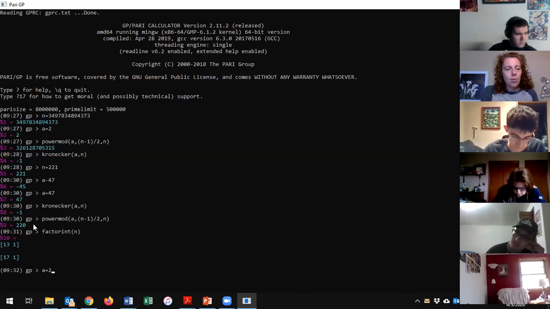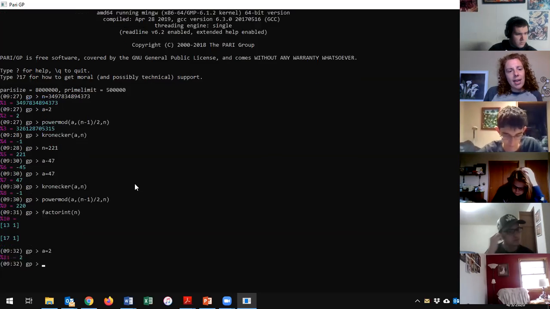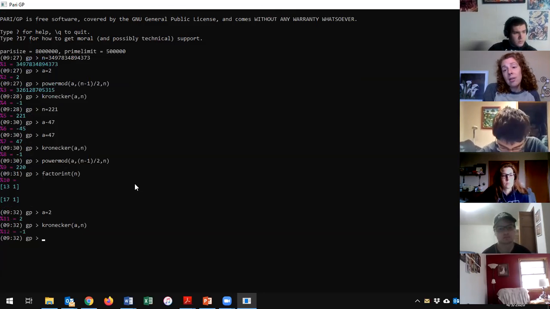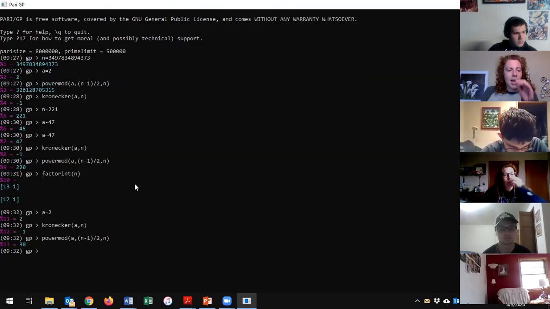Let's try a equals 2 and see if I can get a correct value that tells me composite. The Jacobi symbol of a over n is still -1, and the power mod of a to the (n minus 1) over 2, mod n, is 30 in this case. So those two are not congruent to each other, and this would tell me composite.